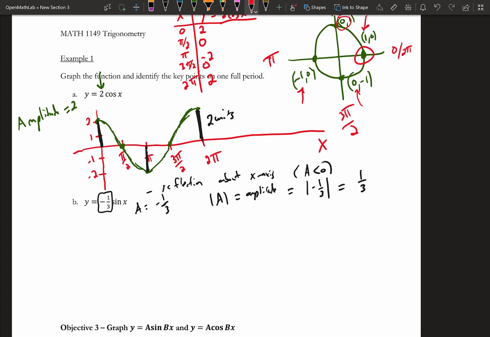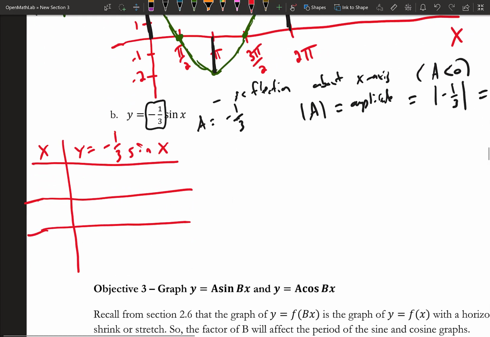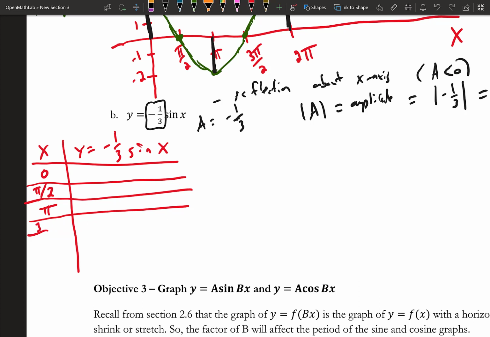So if I make an x-y t-chart, we can plug in these values and solve for y.